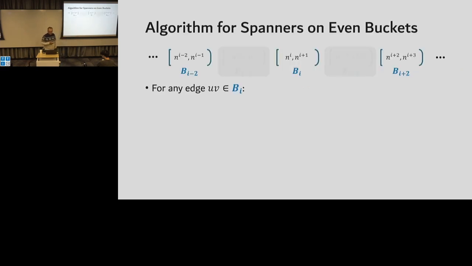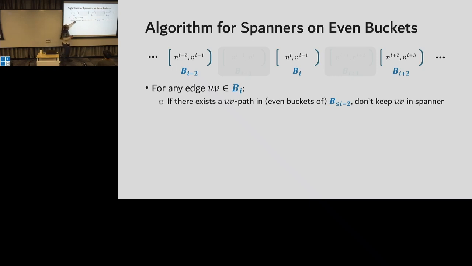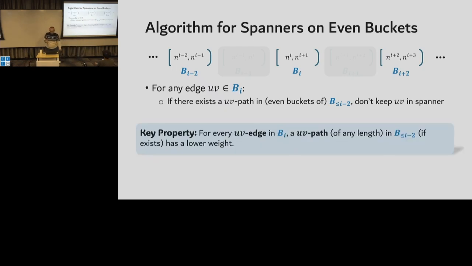So let's consider the algorithm. For any edge UV in B_i, as I mentioned, if there exists a UV path in even buckets of B_{i-2} or smaller, then we don't need to keep UV in the spanner. That's what I mentioned earlier, because for sure that path has a lower weight.